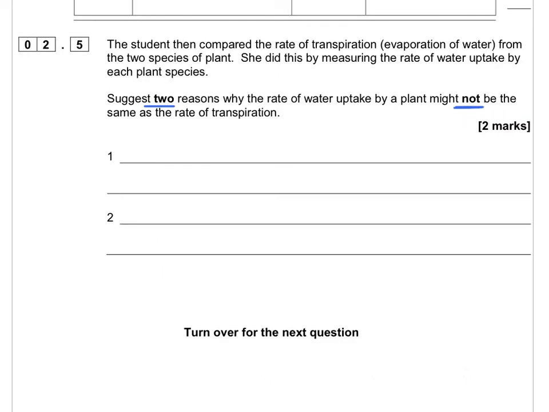So this question is testing your knowledge about what water is being used for in the plant. It's not just being released by transpiration. There are quite a few answers you could have. You just need to say what water is being used for in the plant.